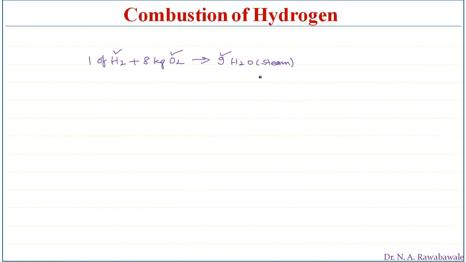by combustion of hydrogen. So here we can now find the oxygen required, or the amount of water produced, by combustion of 1 kg of hydrogen. The percentage of hydrogen is also given: 6% hydrogen is present in this fuel.